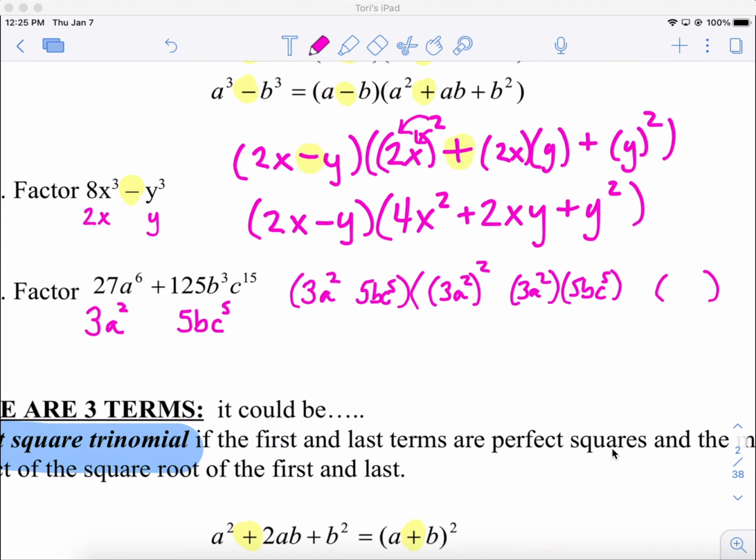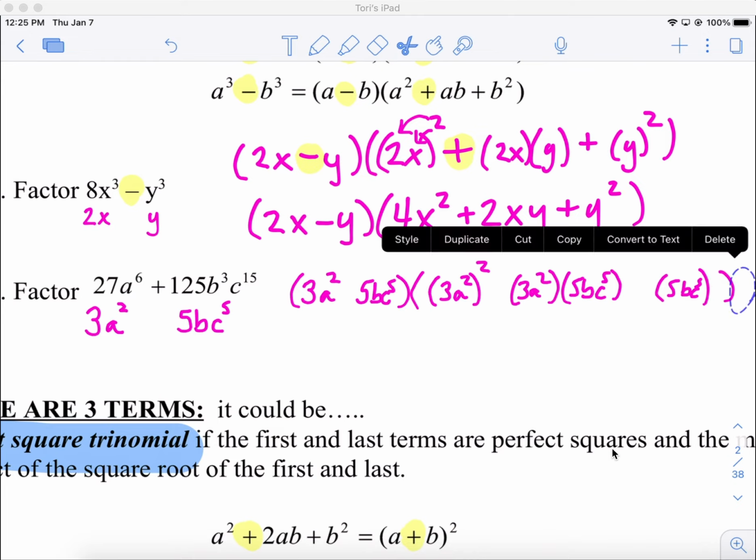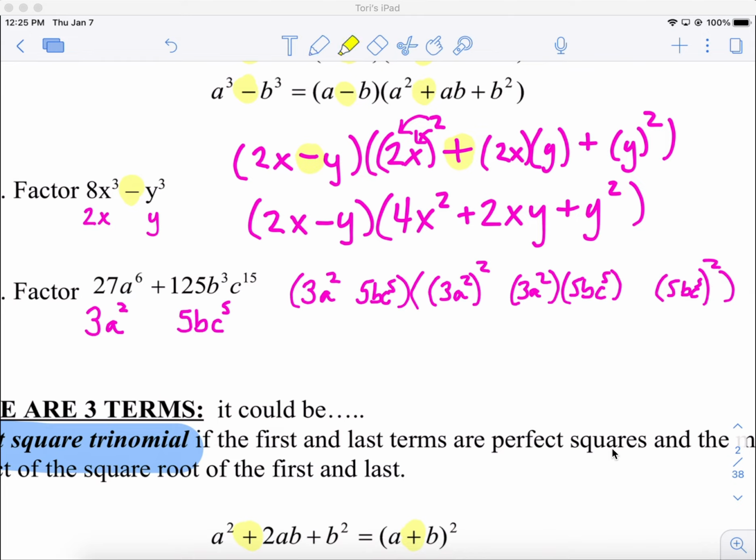And then at the end, I will do 5bc to the fifth, and squared. Remember, your signs in the first binomial need to be the same. The sign in the second one, the trinomial, needs to be the opposite. And this at the end will always be positive.